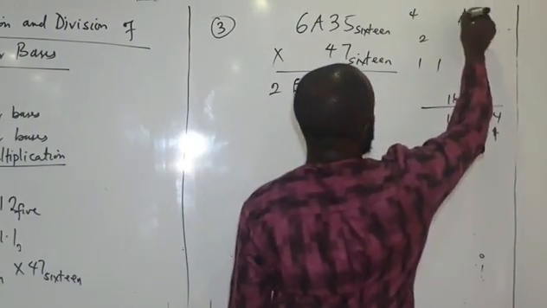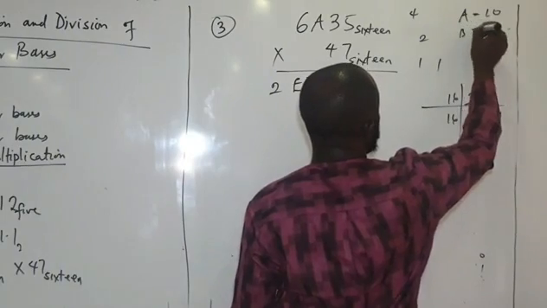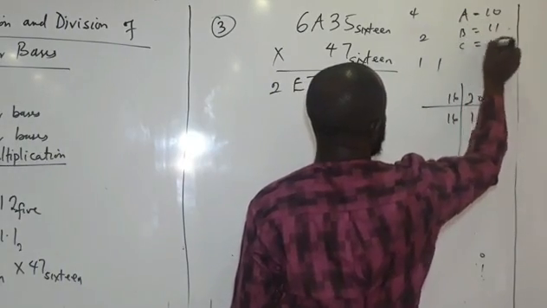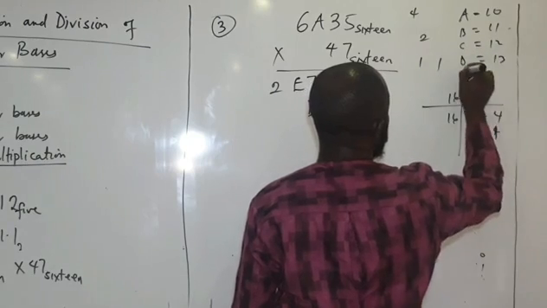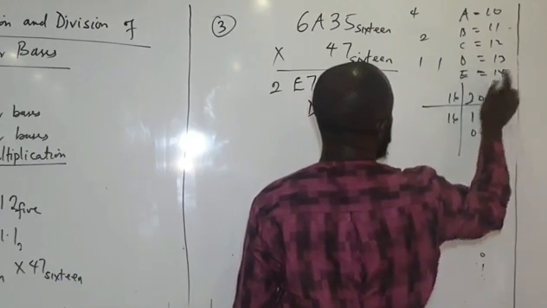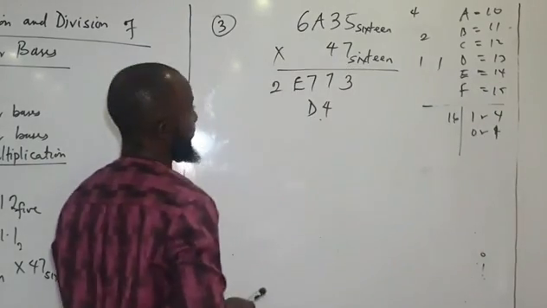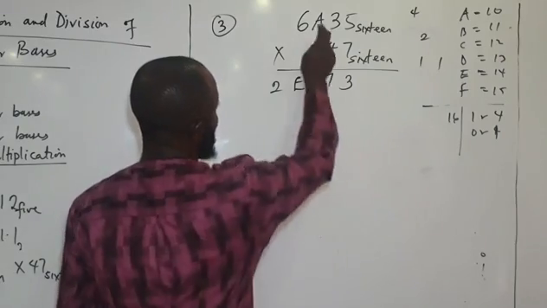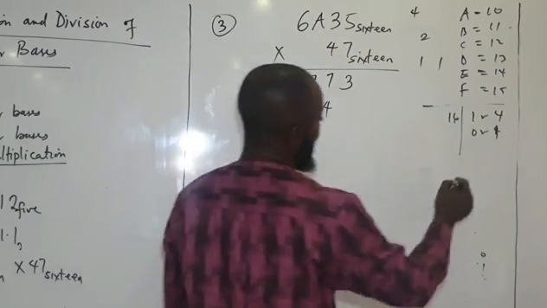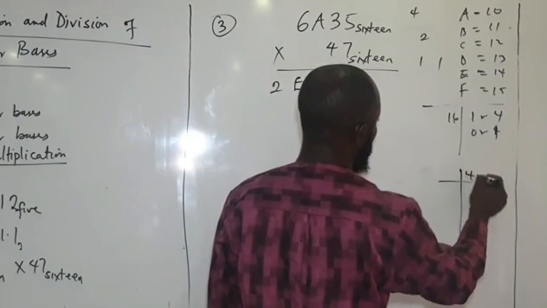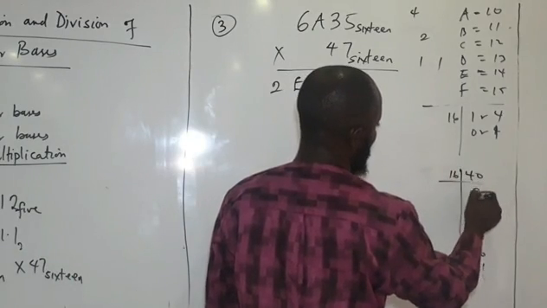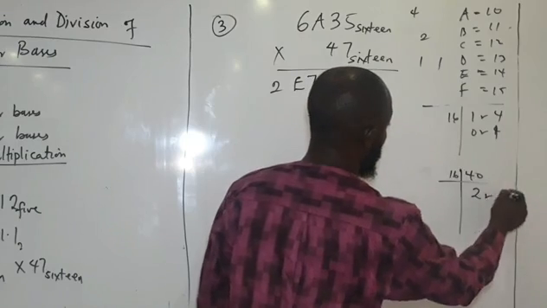Let me write it out so I will not make mistake. A is 10, B 11, C 12, D 13, E 14, and F 15. Right? So then 4 times A, 40. So 40 in 16, that is 2 remainder 8.